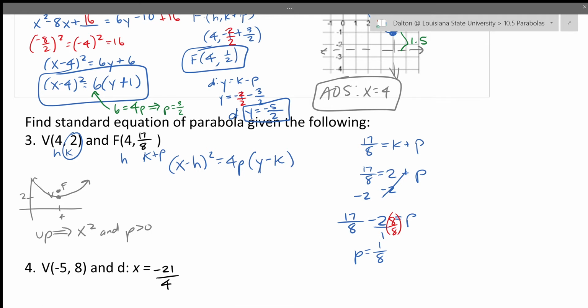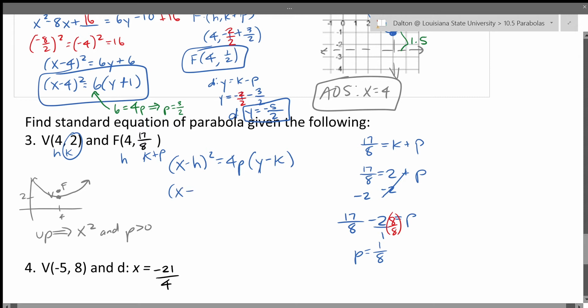So I'm going to substitute that value for p back into the equation with h and k. So x minus h is 4 squared equals 4 times p, which is 1/8, times y minus k, which is 2. The only thing I would ask from here is to simplify 4 times p.